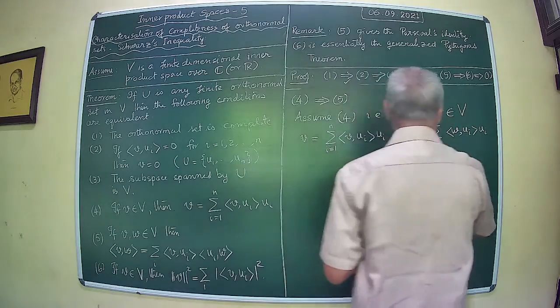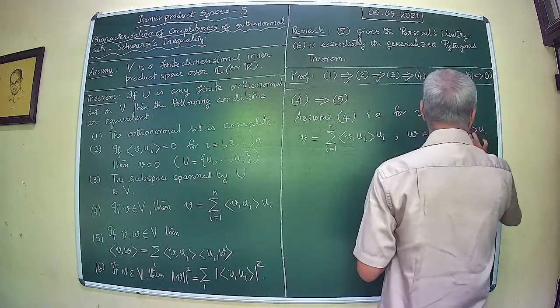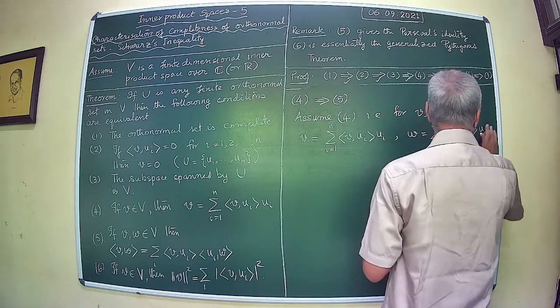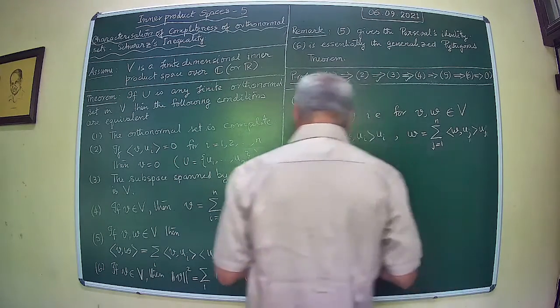If you want, you can write here J, because it's a dummy variable anyway, and write this J. Now let us take the inner product of V with W.